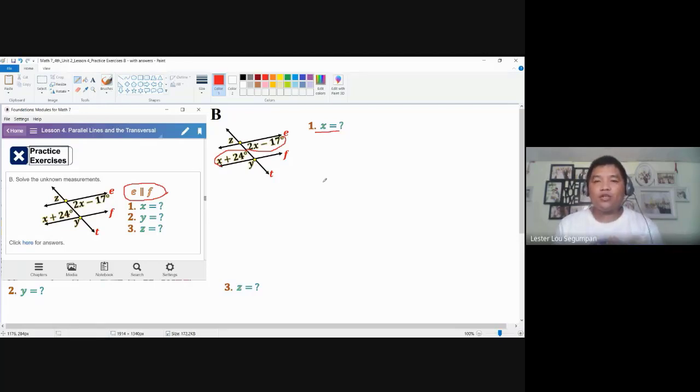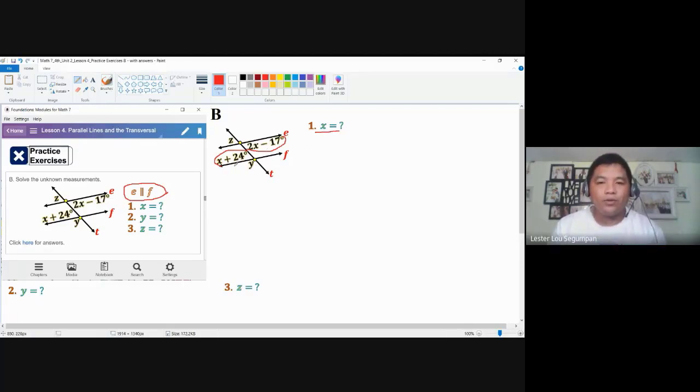That would mean corresponding angles will be scrapped, alternate exterior will be scrapped out, and same side exterior will also be scrapped out because the angle pairs we are considering are interior angles, which would be either alternate interior angles or the same side interior. So between these two, which of the two angle pairs is possible?